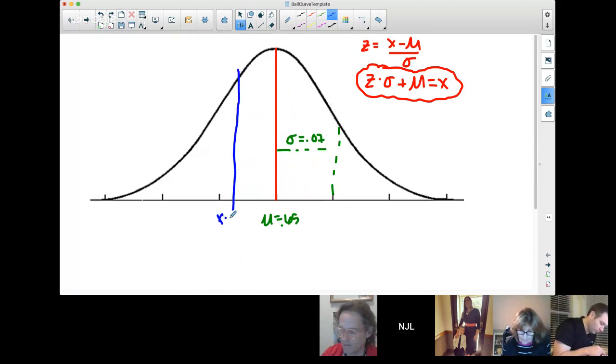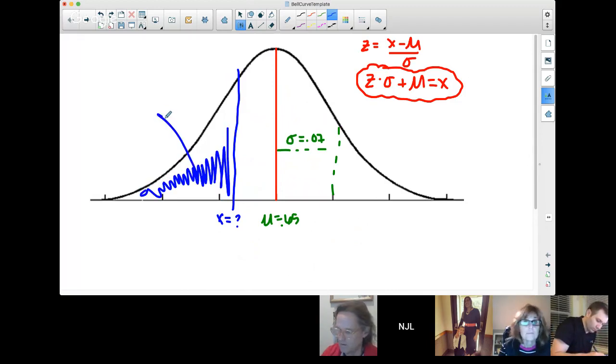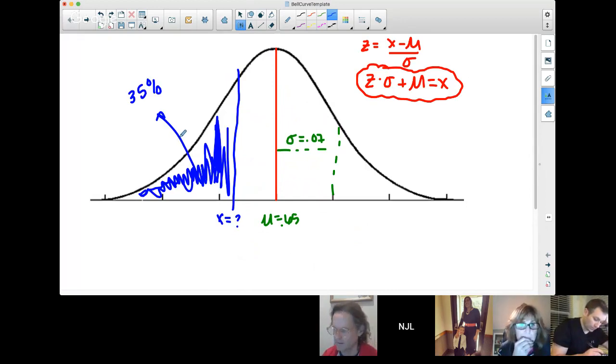What we're looking for in this question is that x value. We know this area is 35%, the 35th percentile, so the area to the left has got to equal 35%. So what's the protein level associated with being in the 35th percentile? That's what it's asking us.